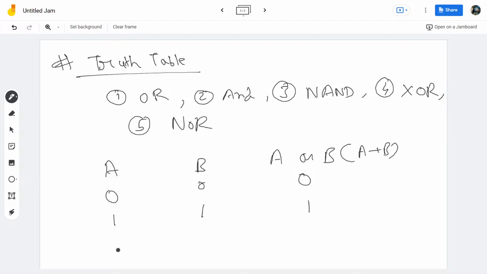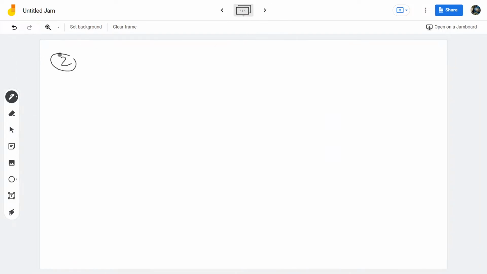If we have 0 and 1, then A or B becomes 1. And if I give 1 and 0, then also we get 1. So this is the truth table of OR.